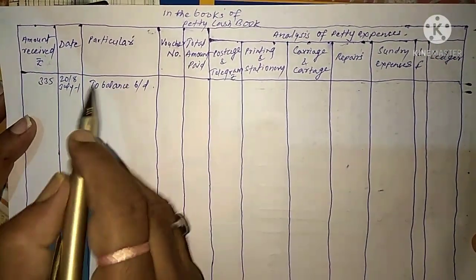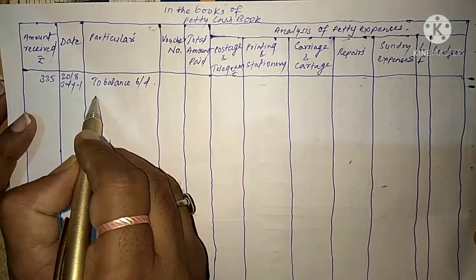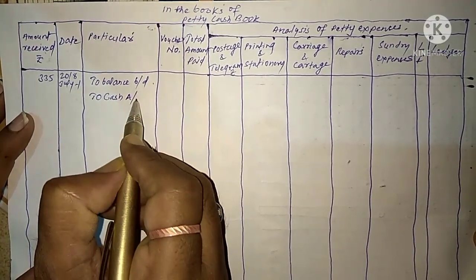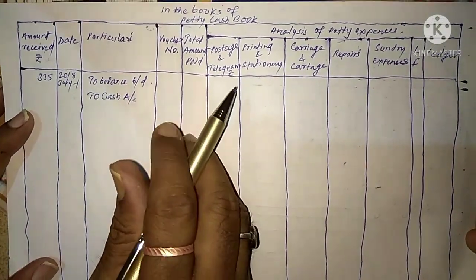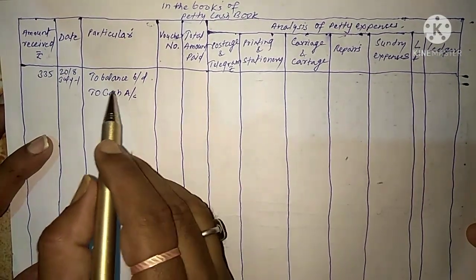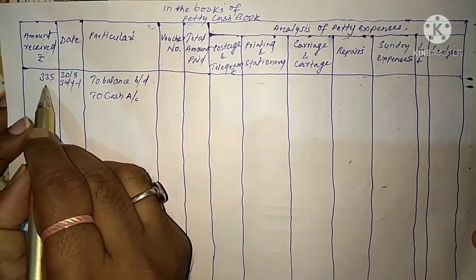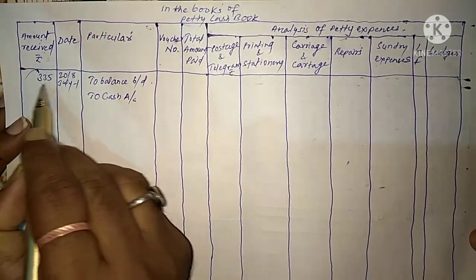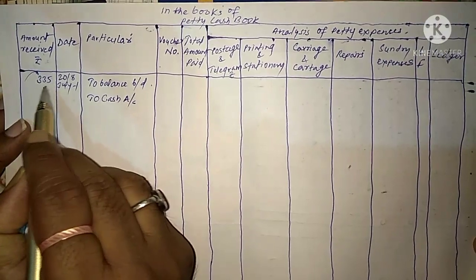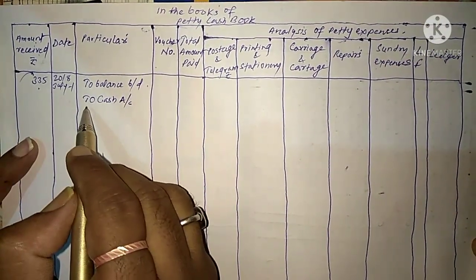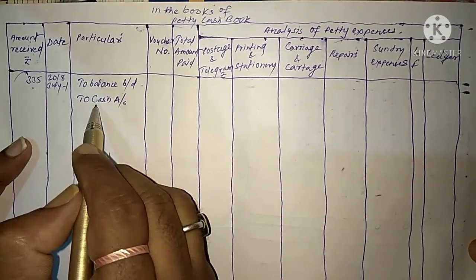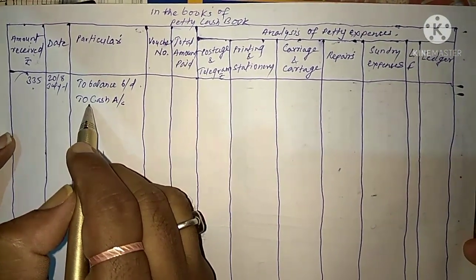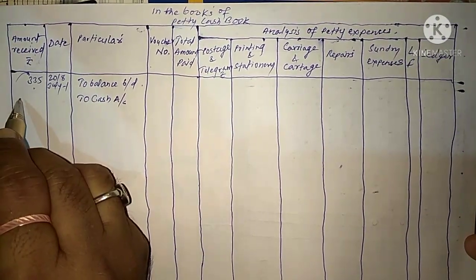So in particular we have to write to cash account. इधर ध्यान देना है, एक बात आपको ध्यान देना है, ओपनिंग बैलेंस का अमाउंट हमने हमेशा रिसिप्ट में लिखना है. ये अमाउंट को 335 का ओपनिंग बैलेंस always we have to show to the receipt side at the petty cash book, and then amount is being received by the head cashier also we have to show the amount to the receipt side of petty cash book, that is 2165.